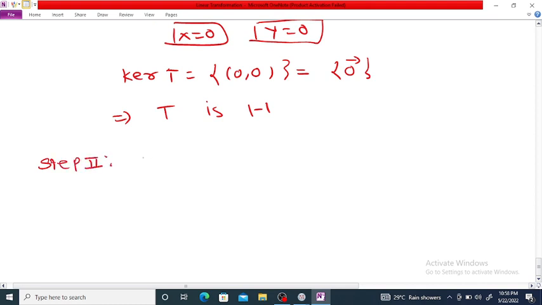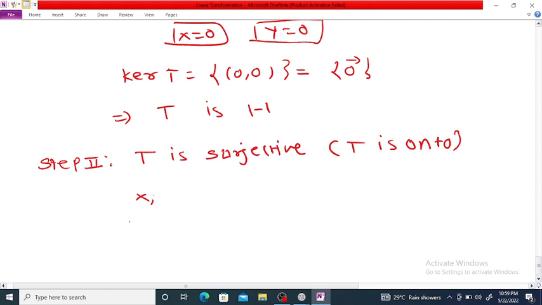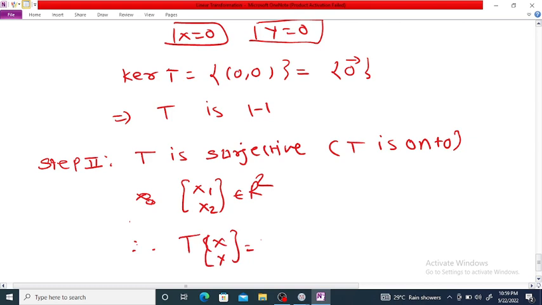Now step number 2, we want to check whether T is surjective, that is, T is onto. For that, suppose x1 x2 belongs to R square be any vector such that T of x y is equal to x1 x2.